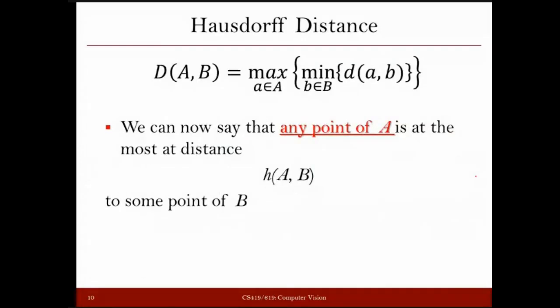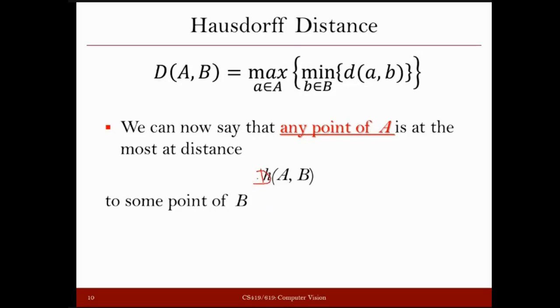When you define the maximum of all these minimums, you can say that any point of A is at most at distance H AB, and I'm sorry, this should be D AB, because we are using D here.